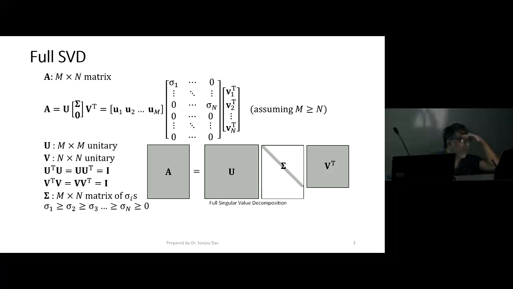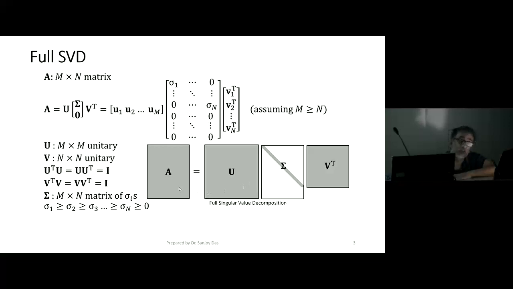Furthermore, if A is a real matrix, then U and V will also have only real elements. Regardless of what kind of matrix you have, these singular values will always be positive and real.